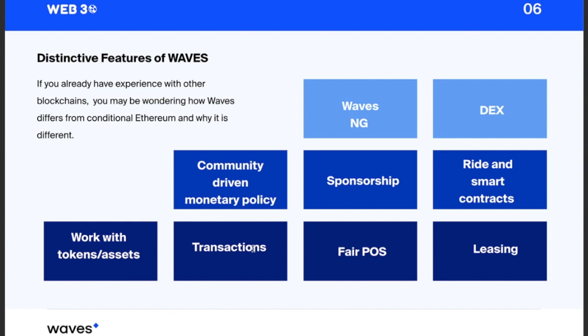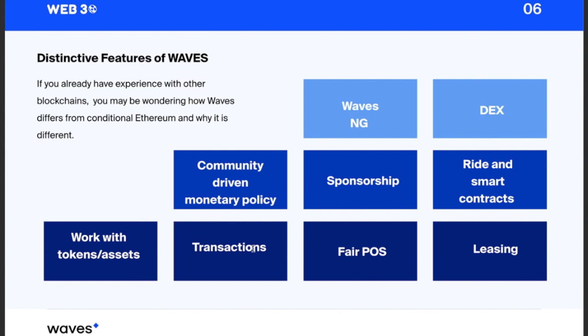Community-driven monetary policy: the community determines and controls the monetary policy of the entire ecosystem. Fair PoS and sponsorship, we'll talk about those in our upcoming videos also. The Waves engine, like we said earlier, enables high speed and instant transactions, which is 100 plus transactions per second, and yet still retains decentralization.